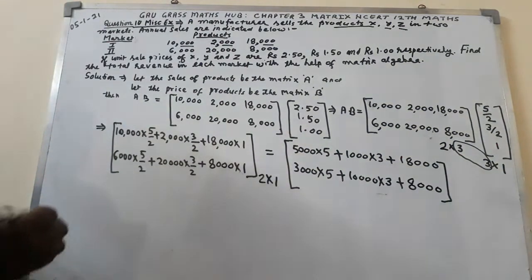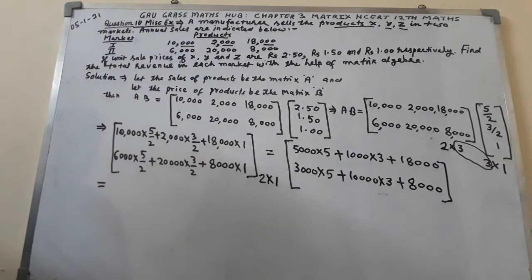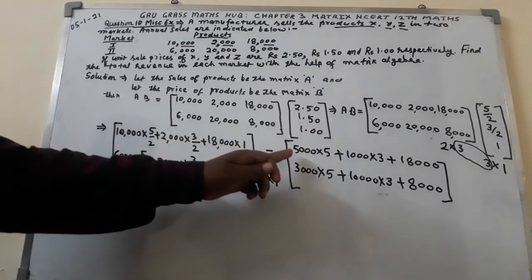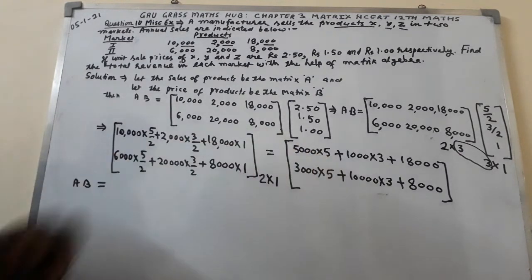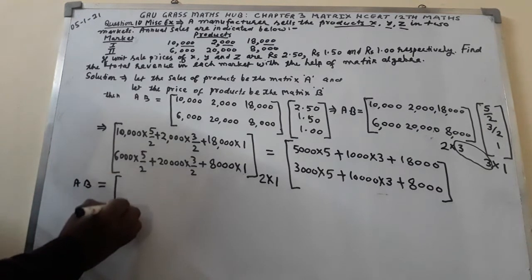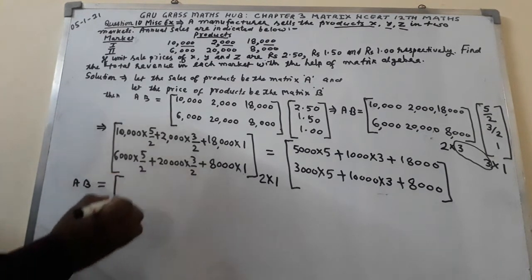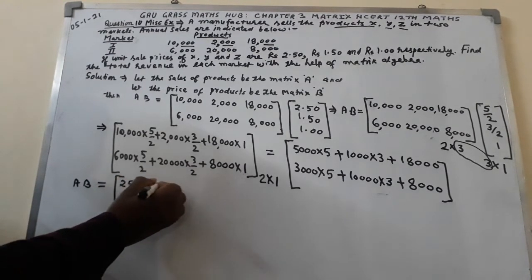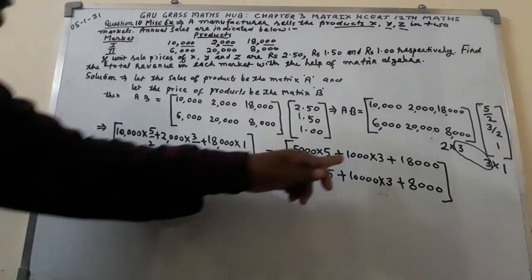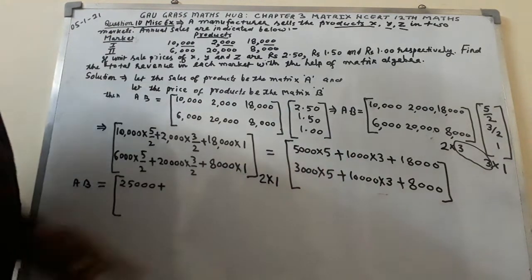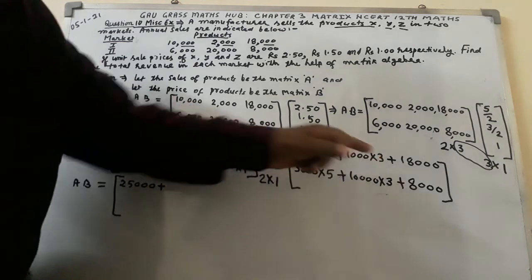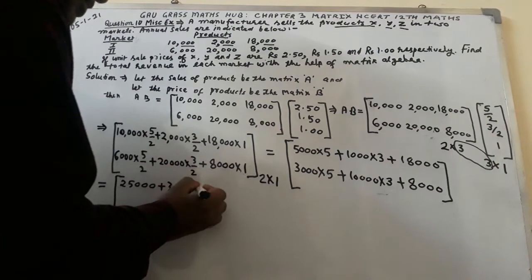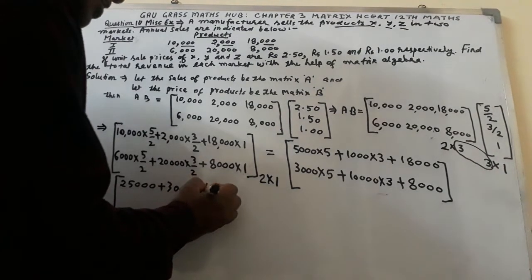Again I shall write AB equal to 5,000 multiplied by 5 comes out to be 25,000, plus 1,000 multiplied by 3 comes out to be 3,000, plus 18,000.